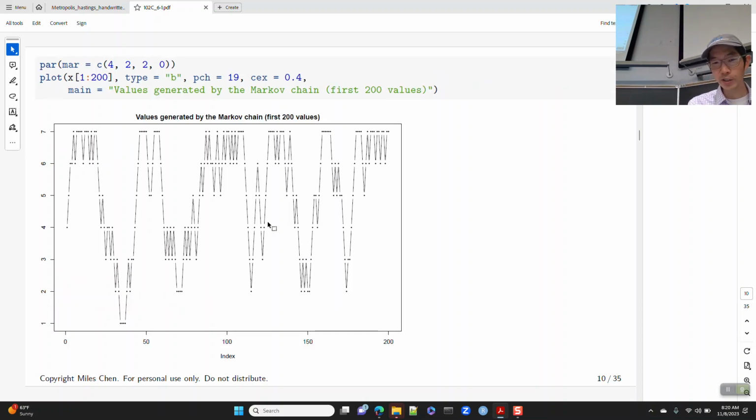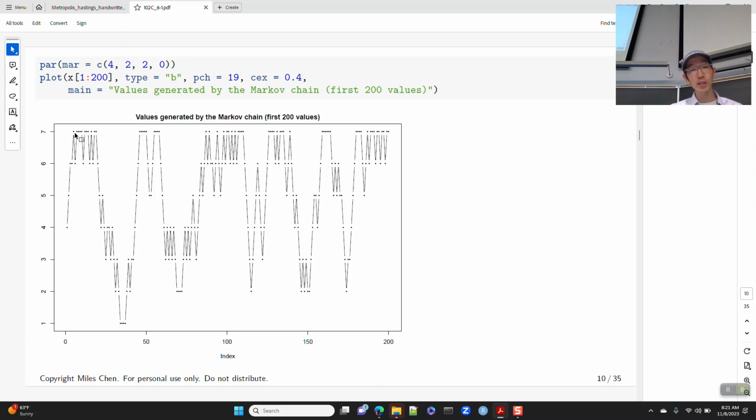Of course, as the chain runs, it just goes to these locations randomly. So this is the path. As I ran it, this is just the first 200 values of the Markov chain. We started off at island 4, and it looks like we went to island 5, then island 6. It looks like we stayed at island 6, so we proposed going back to island 5, but didn't go.